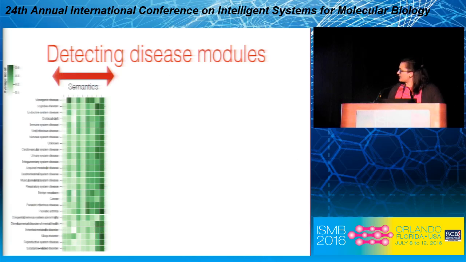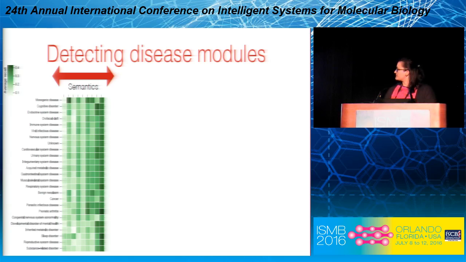This particular heat map shows achieved recall values which are stratified by different disease classes. What we can do is map around 300 diseases onto disease ontology, and these are the disease classes that we get. And here on the x-axis, we can see different semantics that we consider in the experiment.